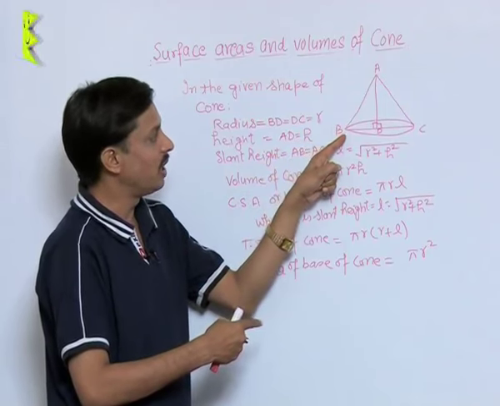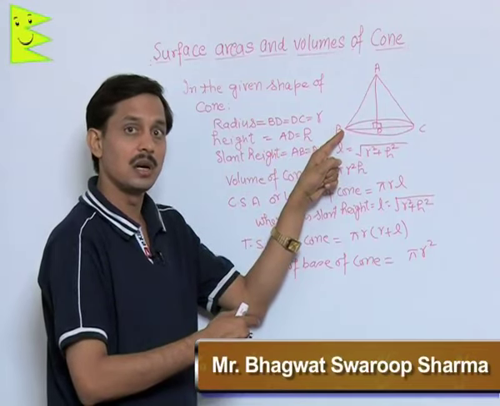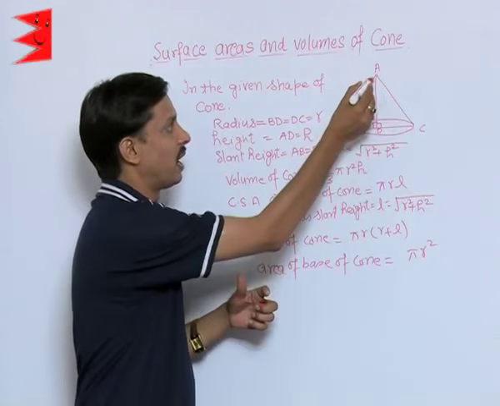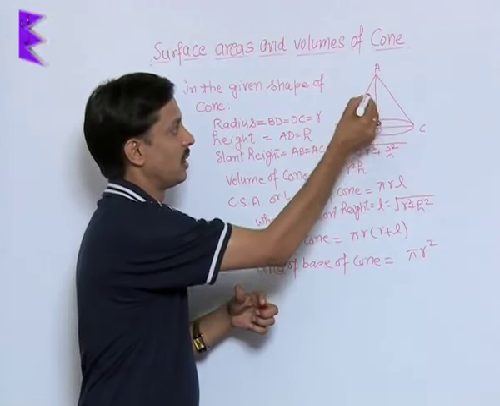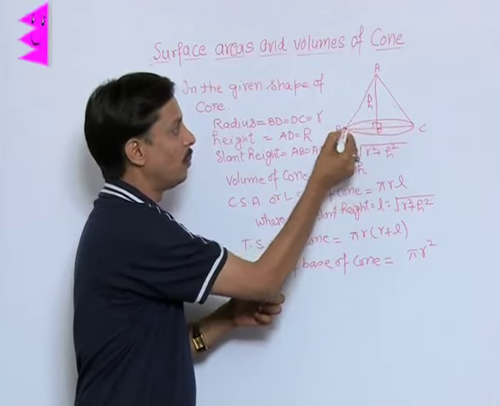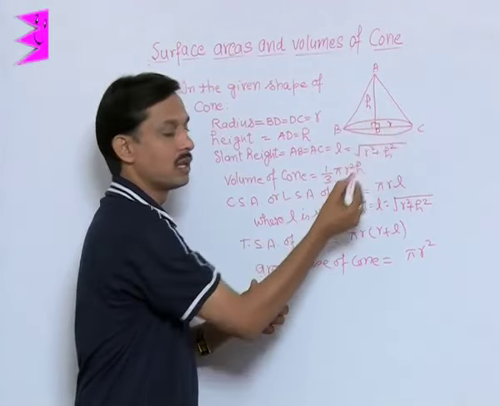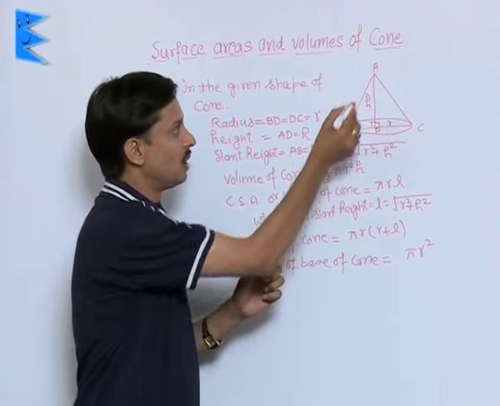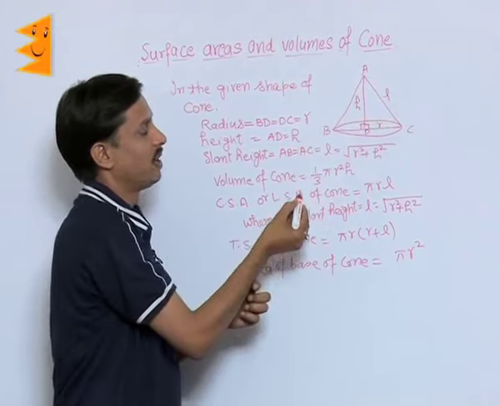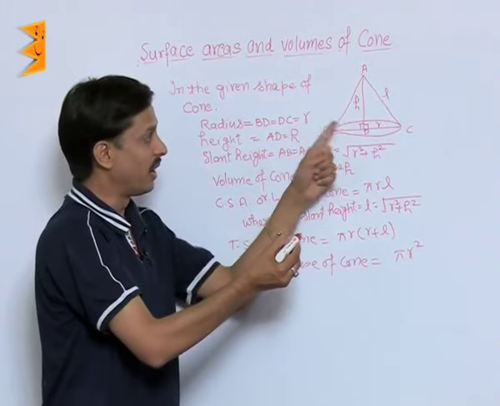This, as I am indicating, is a cone. Here you can observe this part AD is the height of the cone. The part DC or BD is the radius of the base. The part AC is known as the slant height. So how has it formed?